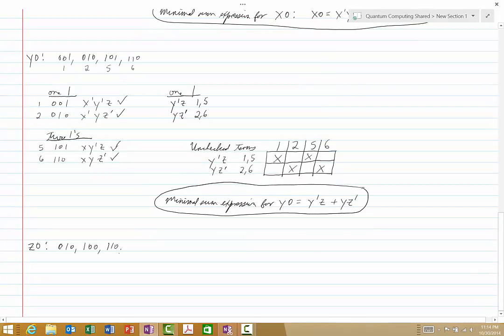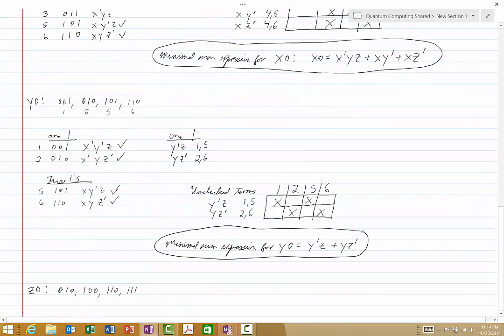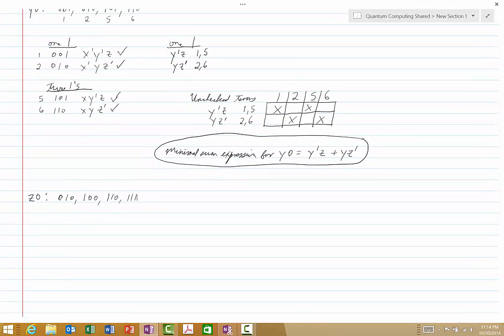Just to check, yes. So again, there are no terms with no ones, so we start with one 1. Oh, and by the way, let's go ahead and put the decimals down here. This is 2, 4, 6, 7.